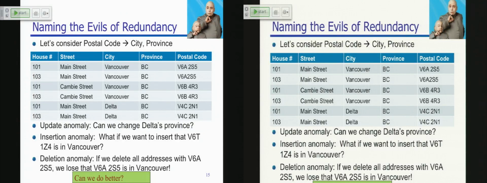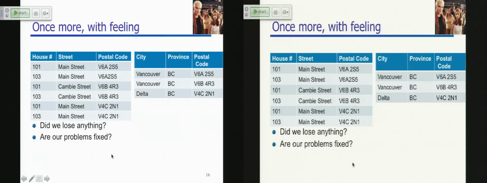So the question is, can we do better? What if I store two different tables? Right? So let's have one table, where in that table I have house number, street, and postal code. And then I have a different table. In that other table, I'm going to keep postal code and the information about city and province where that postal code is.